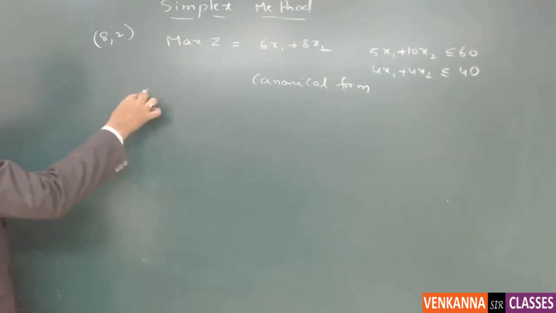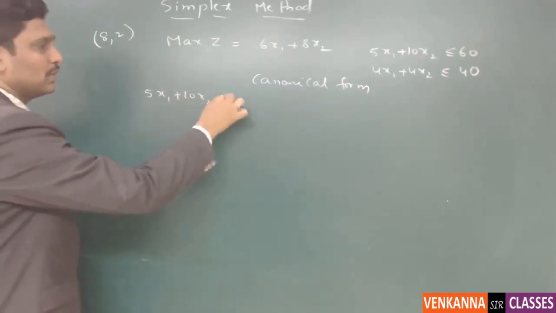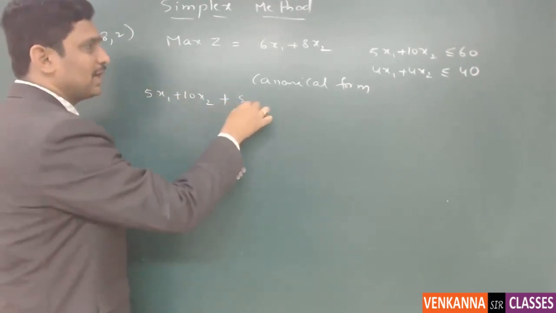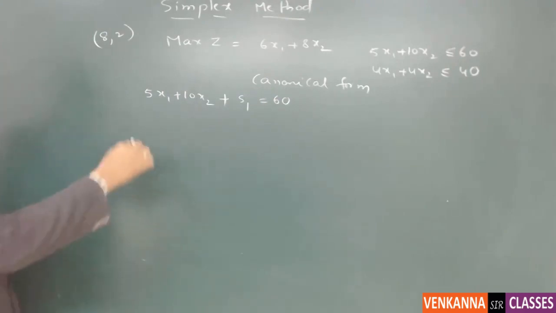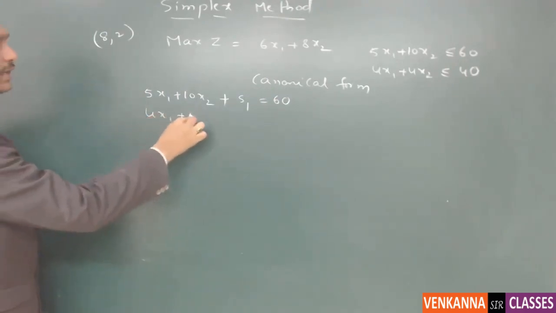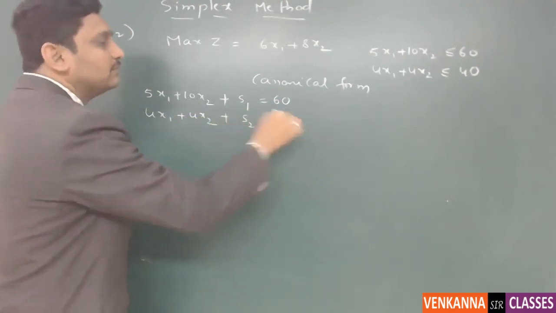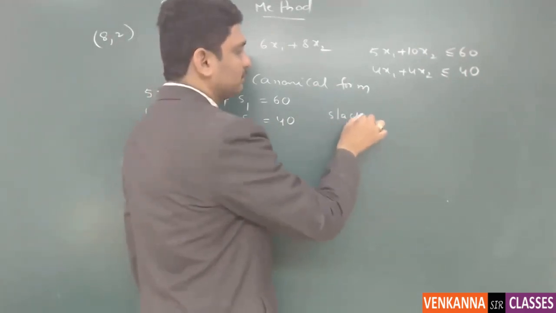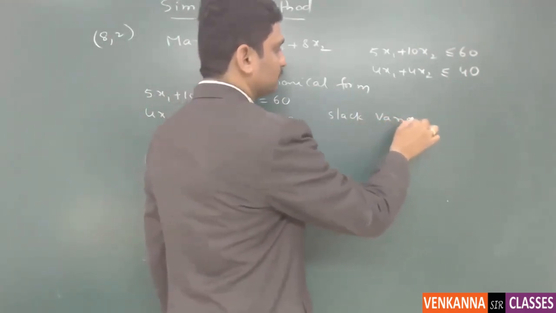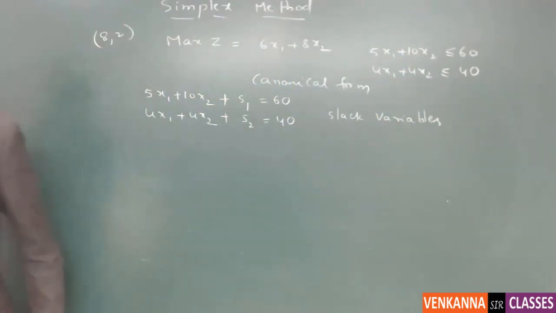So I say that 5x1 plus 10x2 plus s1 equals 60. And similarly, 4x1 plus 4x2 plus s2 equals 40. These are called slack variables. S1 and S2 are called slack variables. Is that clear?